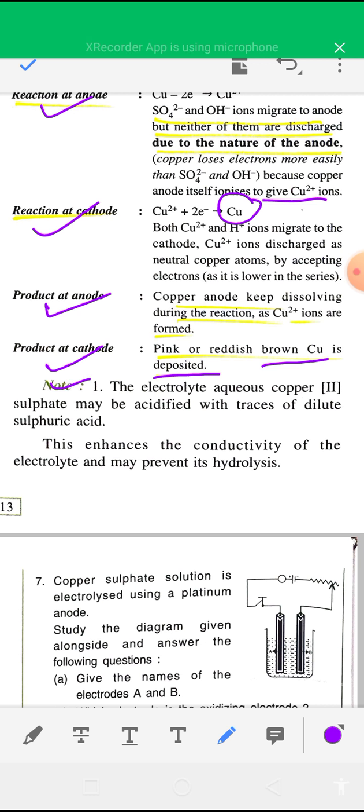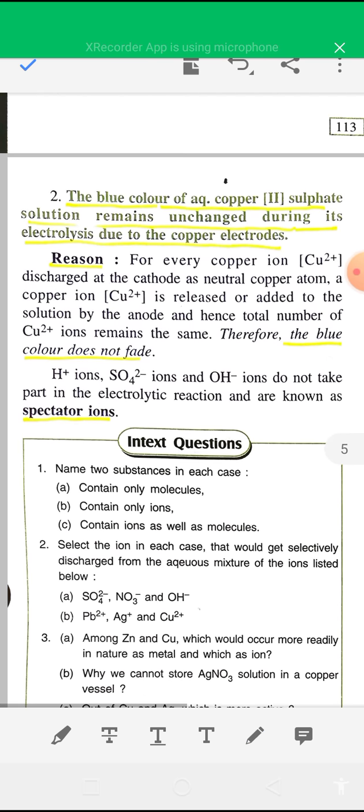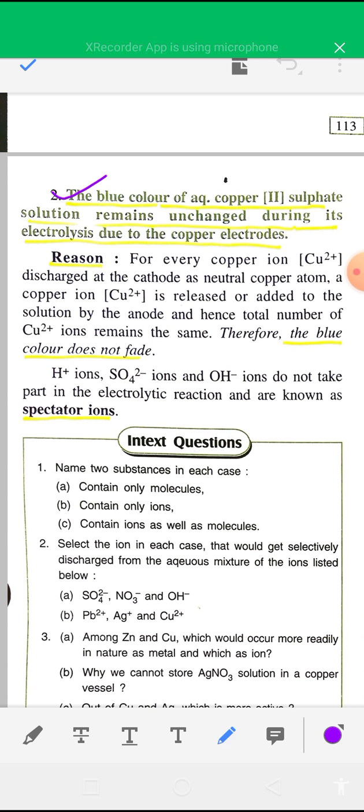And note that the aqueous copper sulfate for electrolysis may be acidified with traces of dilute sulfuric acid. When both cathode and anode are made of copper electrodes, the blue color of the copper sulfate solution remains unchanged during electrolysis.